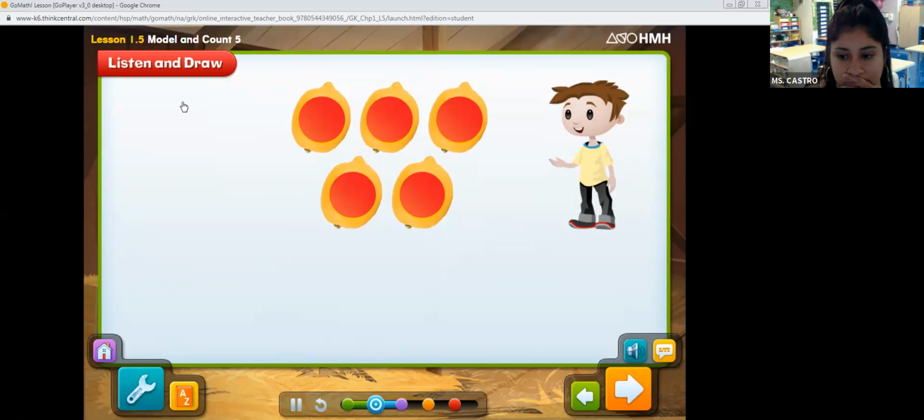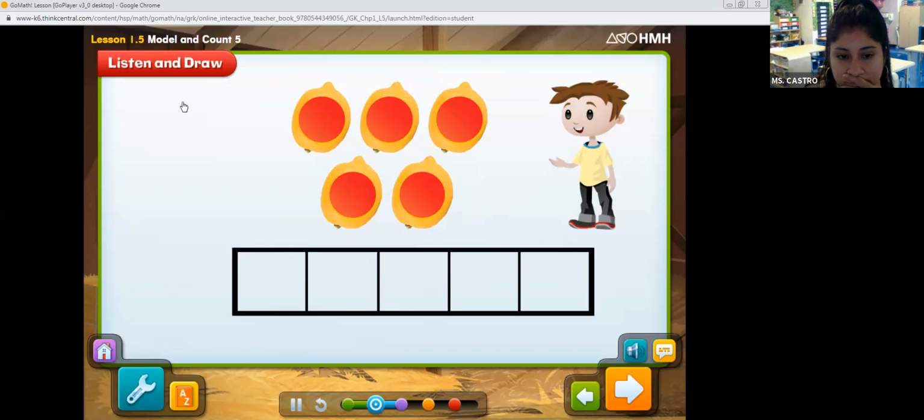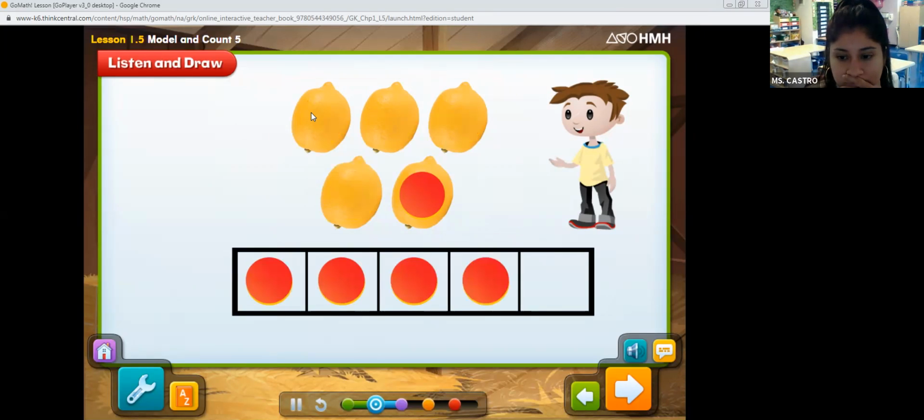Now, let's count the lemons in a different way. Let's use a 5 frame to count them. Click the counters to put them in the 5 frame. 1, 2, 3, 4, 5. Good job! You've filled the 5 frame with counters.